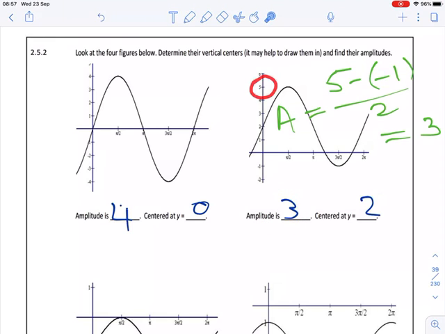If we take the maximum plus the minimum, so in other words, we take 5 plus negative 1 over 2, we find that that is 2. And that is why the center is 2. And if we now look at the center, and from the center to the top, we get 3 again, agreeing with the amplitude, that's 3, because the amplitude is always from the center to the top.